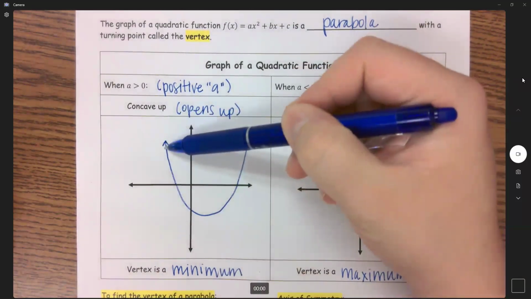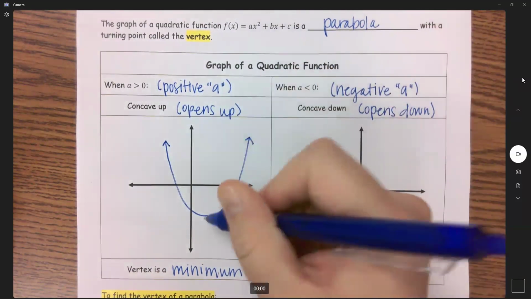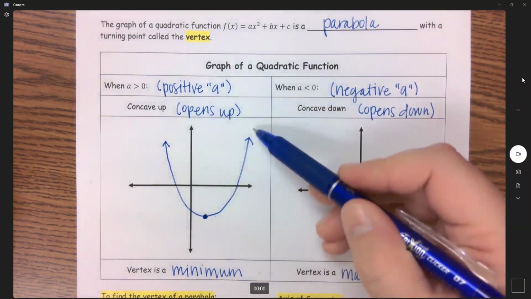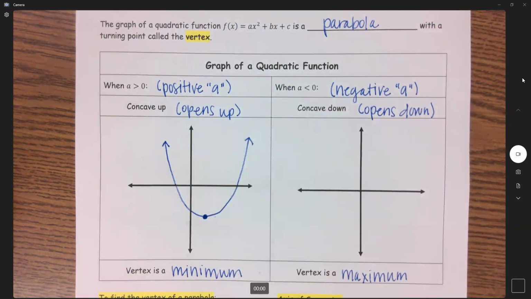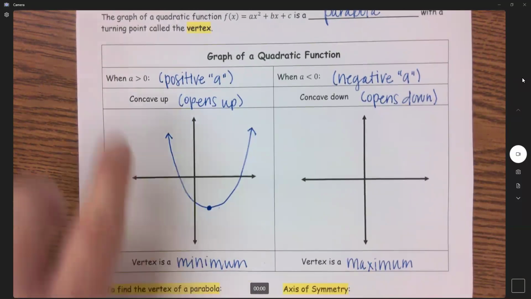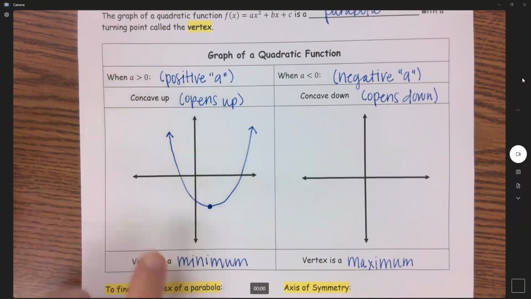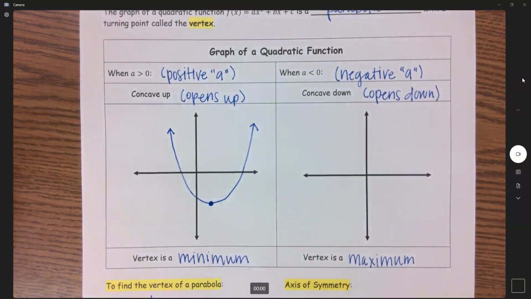Here it is decreasing, then it gets to a low, and now it's going to start increasing. So that is my turning point. And when I have a positive a, meaning it's concave up, your vertex is going to be a minimum. As you can see here, it's a minimum because that is the lowest point on this graph.